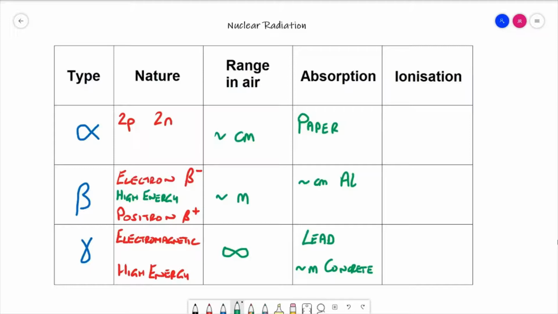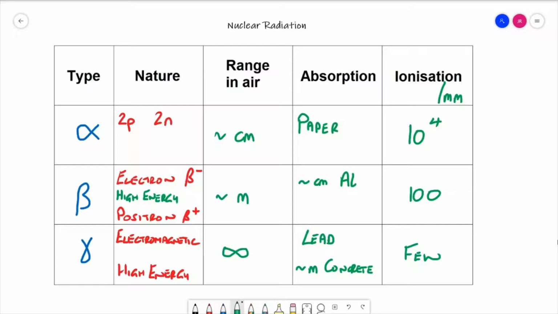Now, alpha particles, for every millimetre of air that they travel through, will create approximately 10 to the 4 ions, so about 10,000 ions. For beta particles, they will create around 100 ions per millimetre, and gammas are not very ionising at all, so per millimetre there are going to be very few.